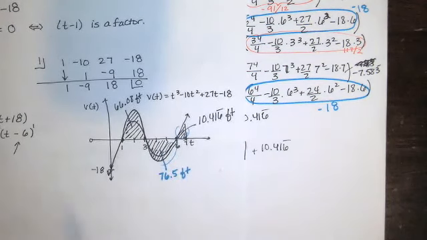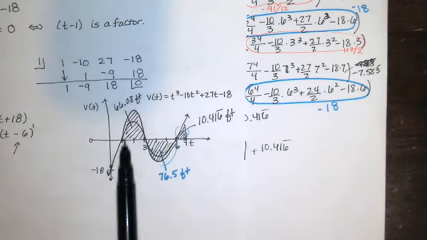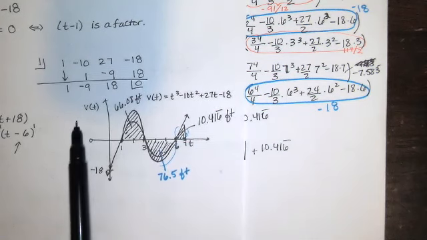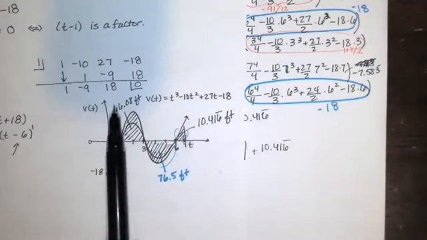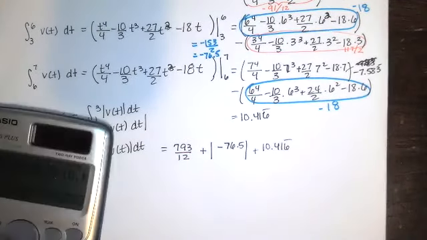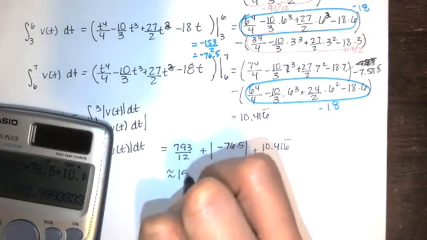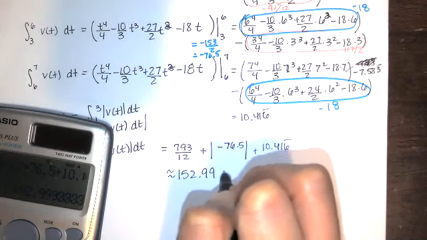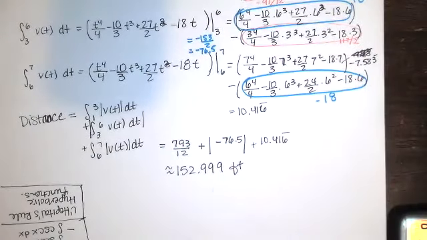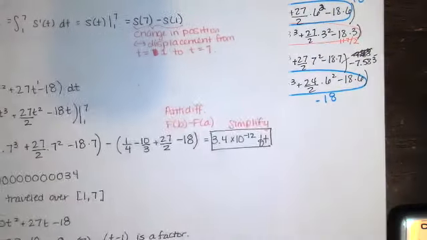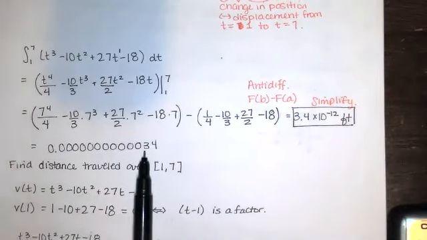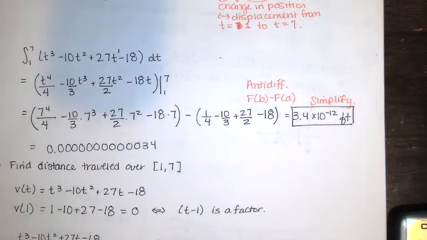Or if I want distance traveled, I need to count that 66 and then add that 76.5 and then add that 10.4. This plus this plus this is the distance traveled, which is approximately 152.999 feet. So we want 152.999 feet, but our displacement was almost nothing. So something to keep in mind.